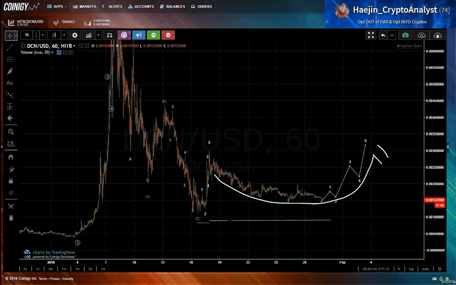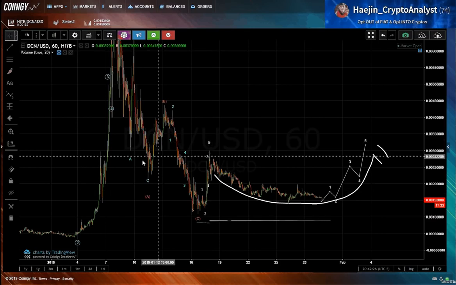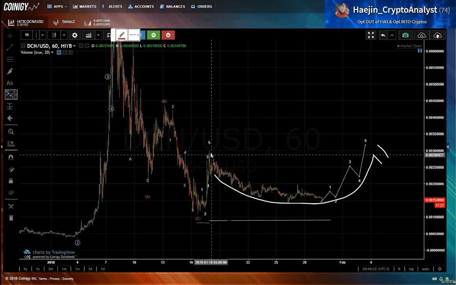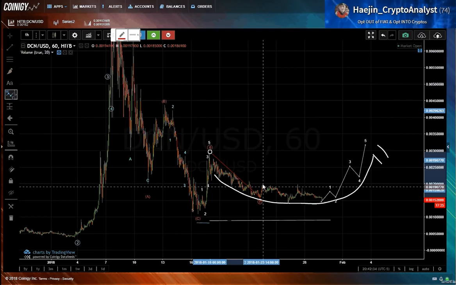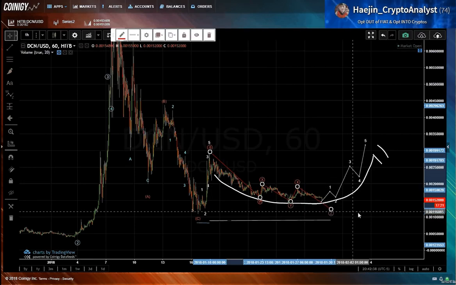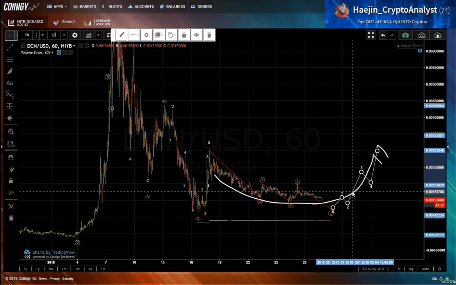Now, of course, there could be one more lower low in the form of the correction, but still stay above the start of this 1, 2, 3, 4, 5. And this whole correction could count as WXY, XZ, one more lower low like this. And if that's the case, this could start from here. No difference.